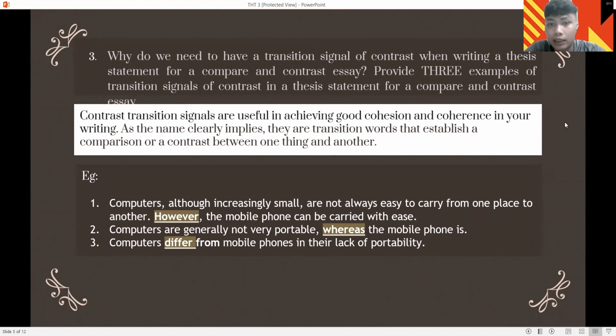As the name clearly implies, these are transition words that establish a comparison or a contrast between one thing and another. So, following are the 3 examples I've provided. All right. So I think we can proceed to the next question.